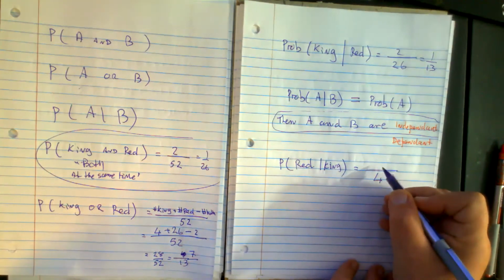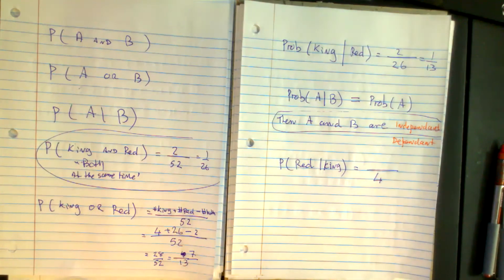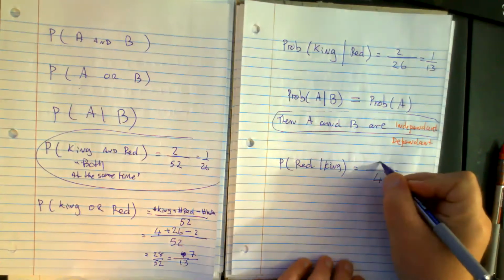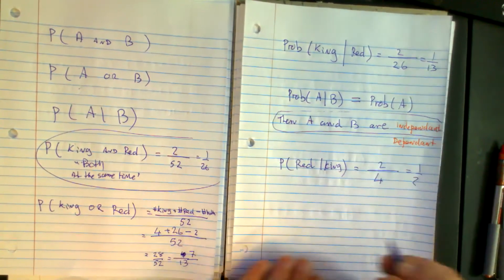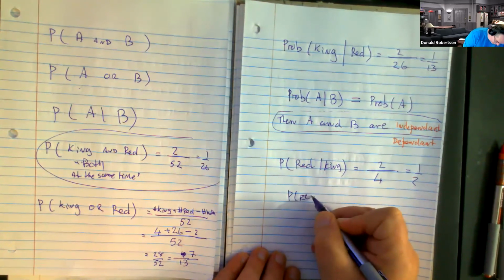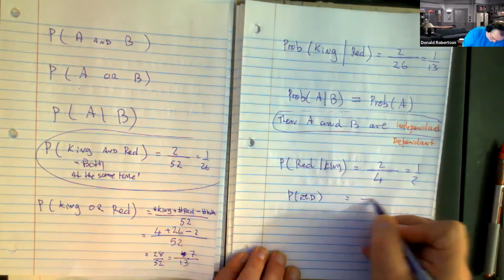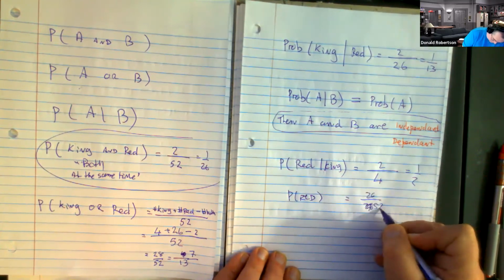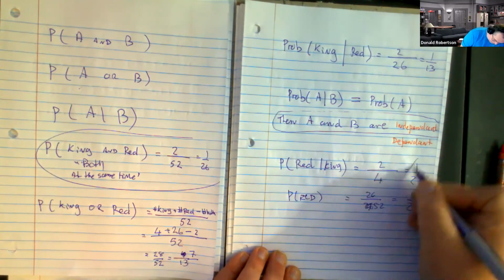There's only 2 of them. Two. And so that's a half. Now, what's the probability then of just picking a red card? Well, that's a half, isn't it? Now, do you see that these are the same?